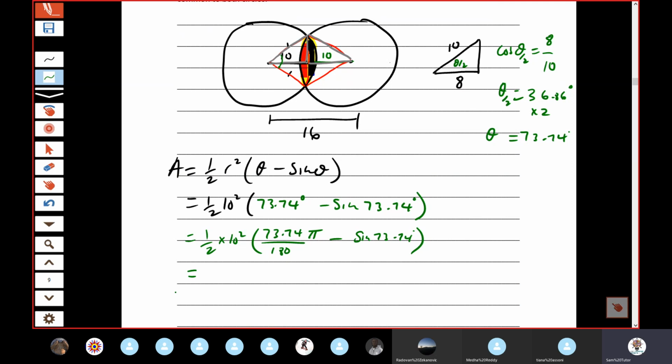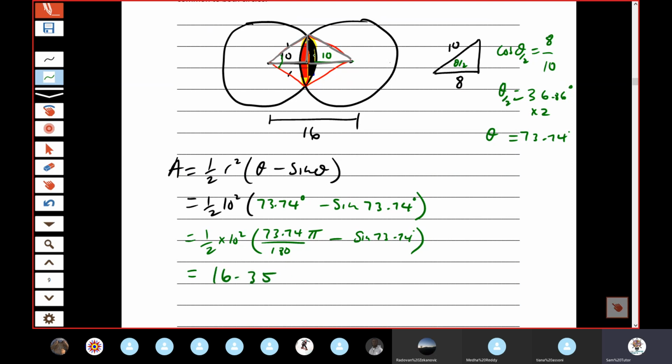Sine answer, 0.96. It's very nice, 24 over 25. Okay, 73.74 times pi on 180. Take away answer, times 100 divided by 2 is 16.35.